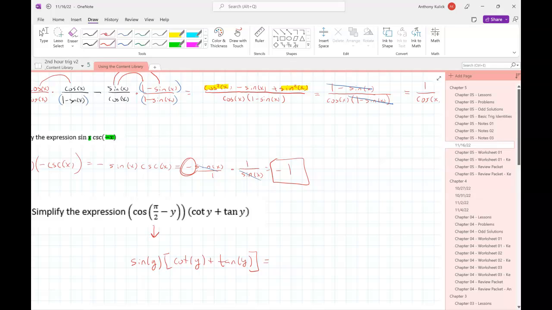Here's what I would say. In this sort of situation, I would try to rewrite everything in terms of sine and cosine. So I'm going to use the quotient identities to rewrite cotangent as cosine over sine and tangent as sine over cosine.